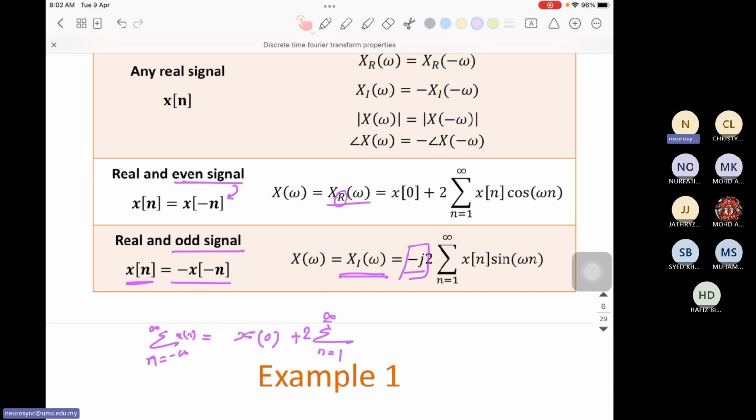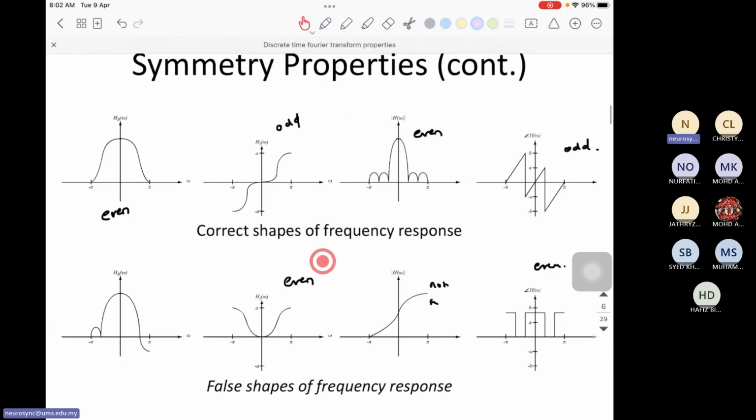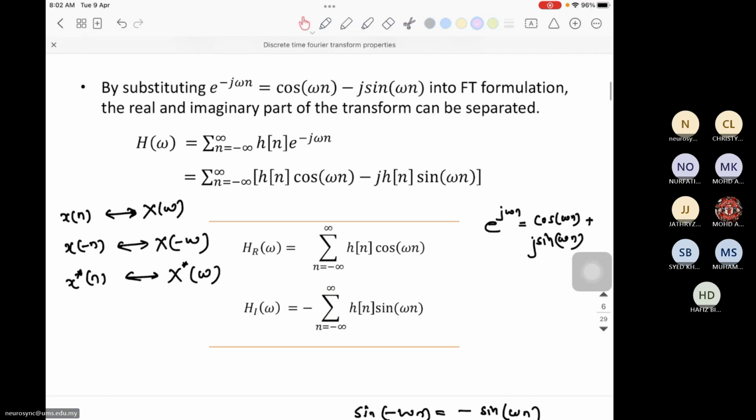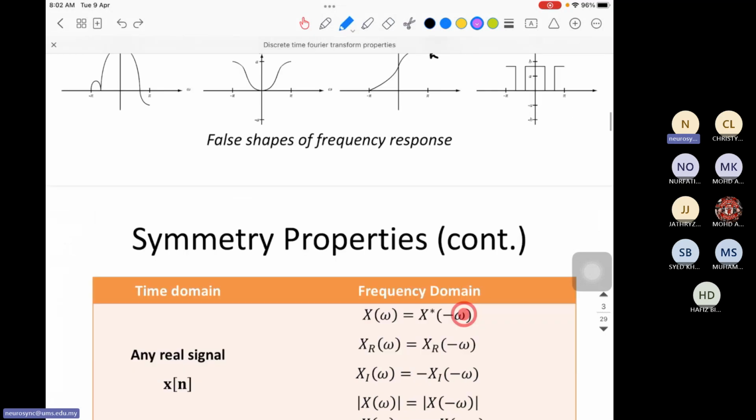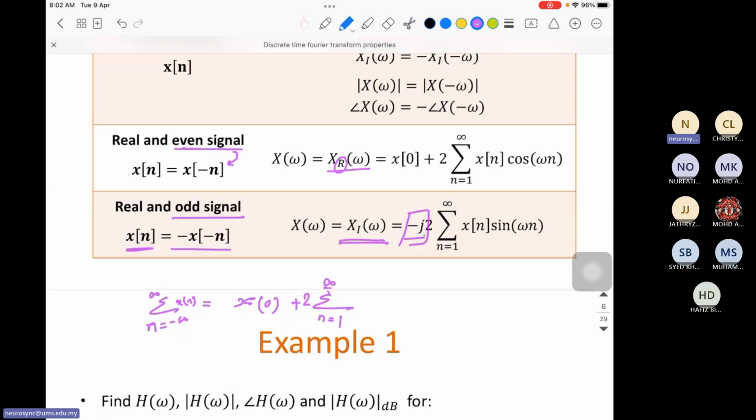If you see the formula here, minus is already there in the case of imaginary representation, so we basically need to multiply by j. Again, this limit, the summation is from minus infinity to infinity.